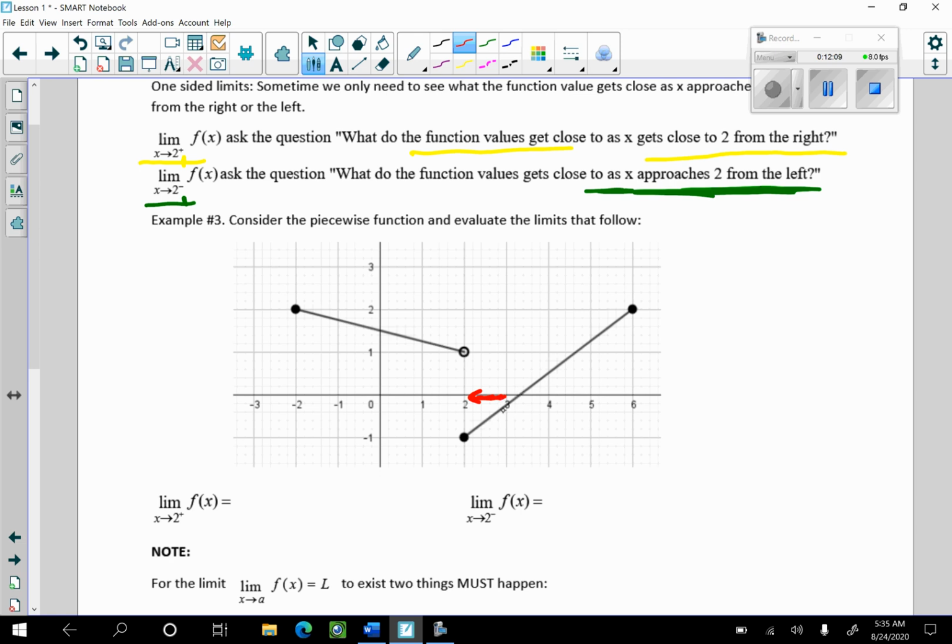Well, here are the points on the function. And what are those y values getting close to as x approaches 2 from the right? Well, it looks like those y values are getting close to -1. So we would say the limit as x goes to 2 from the right of f of x is equal to -1.